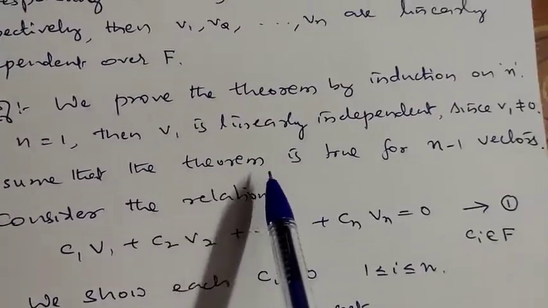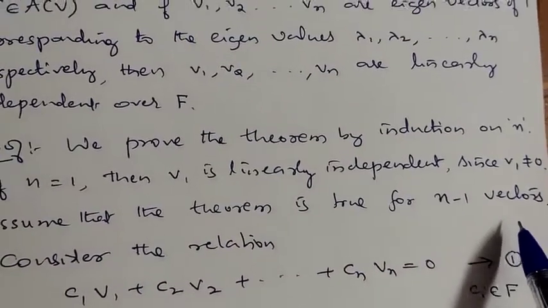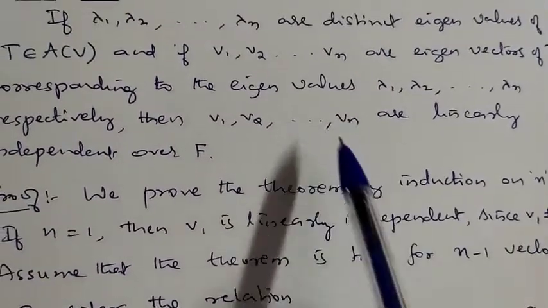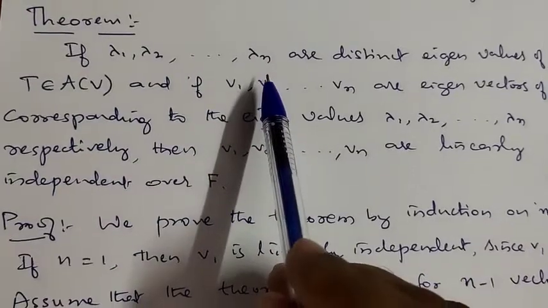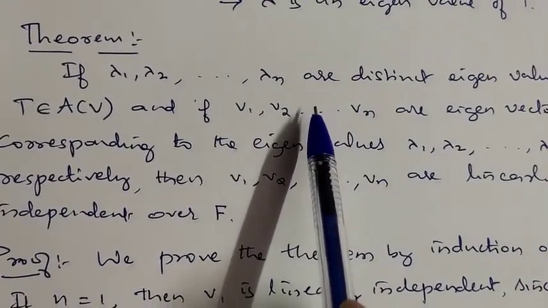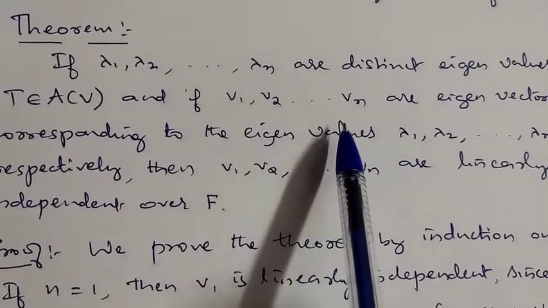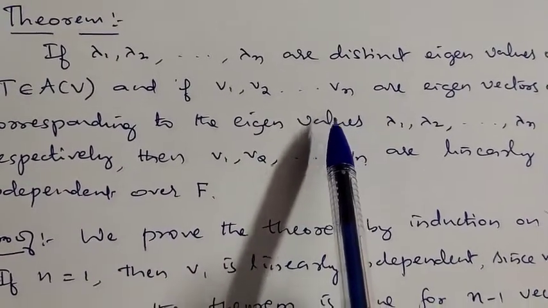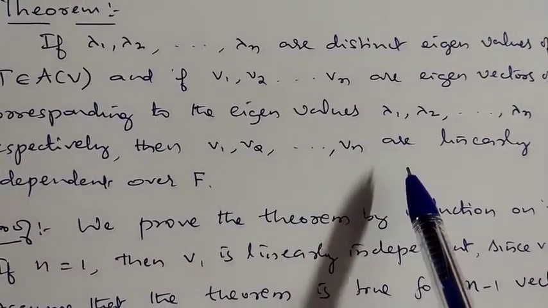Suppose that the theorem is true for n minus 1 vectors, meaning there are n minus 1 distinct eigenvalues, and v1, v2, etc., vn minus 1 are corresponding eigenvectors, and they are linearly independent.